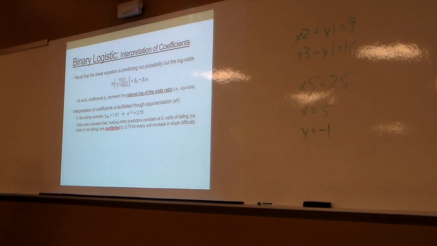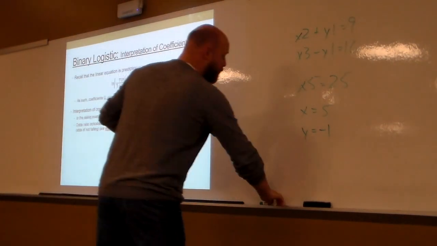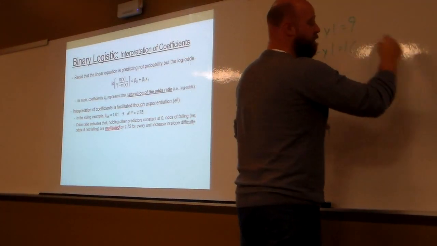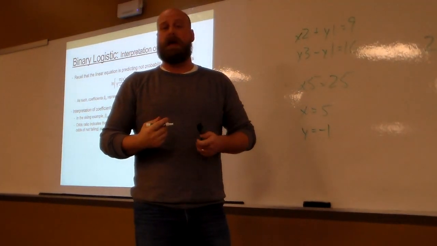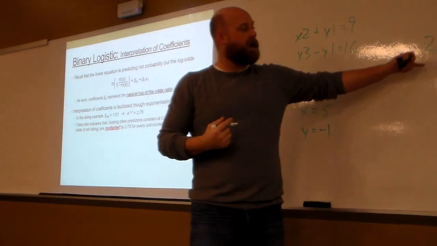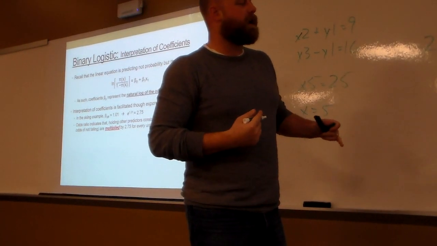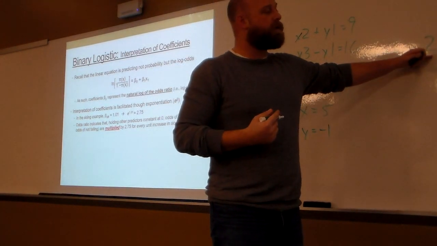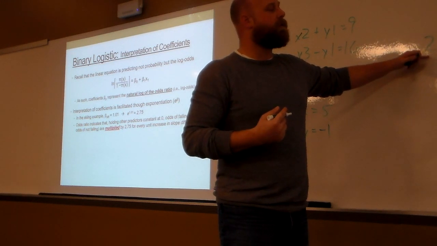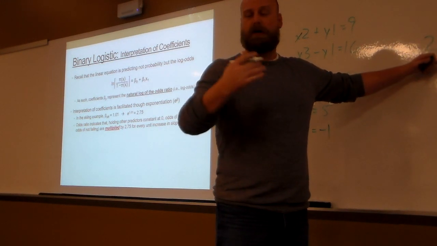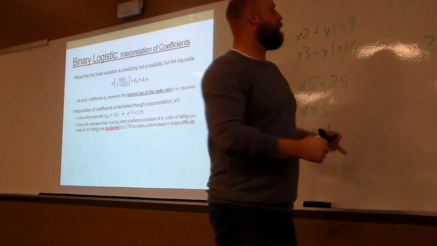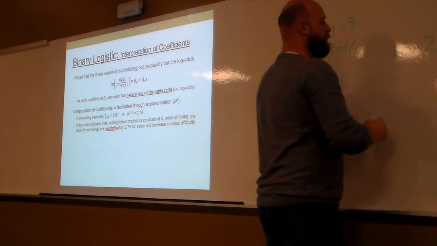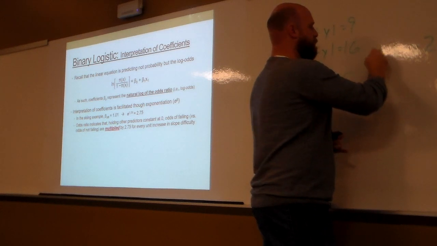This is going to be different, because if my odds ratio is 2.0 in this model, I'm saying a 1 unit increase results in the odds of occurring versus not occurring increasing by a factor of 2. So a 1 unit increase is 2, and this is my coefficient, right?